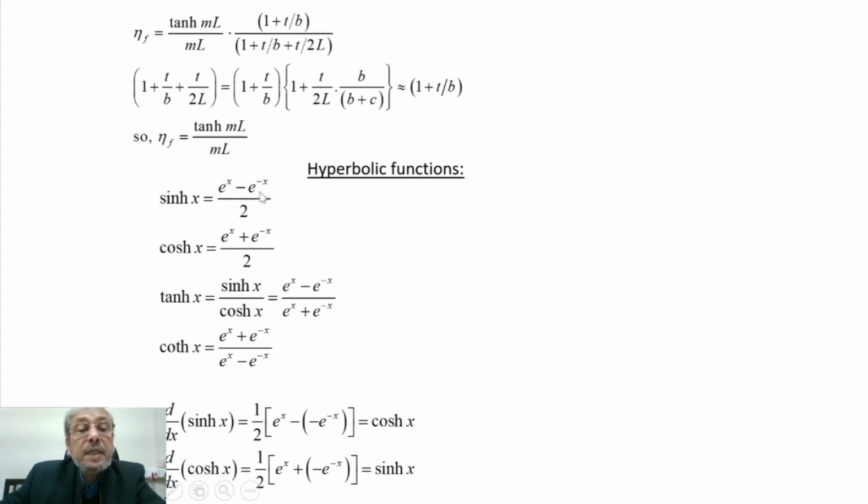If we remember these two, we can easily find out tan hyperbolic x, cot hyperbolic x. Not only that, the differentiation of sine hyperbolic x becomes cos hyperbolic x, and differentiation of cos hyperbolic x becomes sine hyperbolic x. So these hyperbolic functions have to be used in all straight fins, meaning all fins with constant cross-sectional area.